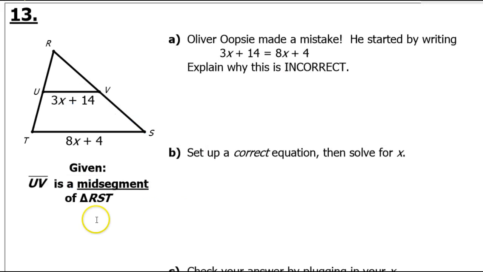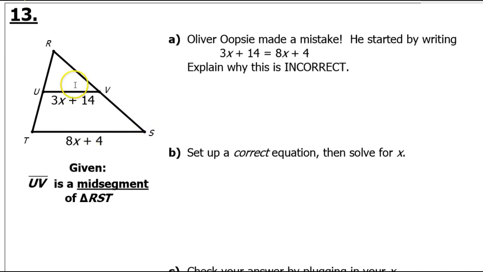All right, number 13 is the last problem. Oliver Oopsie made a mistake. He started by writing 3x plus 14 equals 8x plus 4. Explain why this is incorrect. Well, we are given that UV is a mid-segment. And the key property of a mid-segment, this line that's parallel and connects midpoints, the key property is that the mid-segment is half the length of the parallel side.